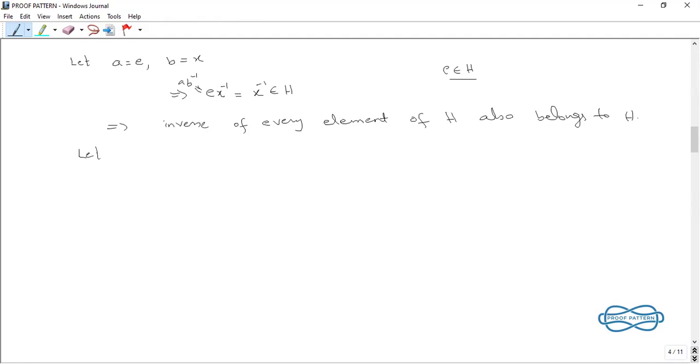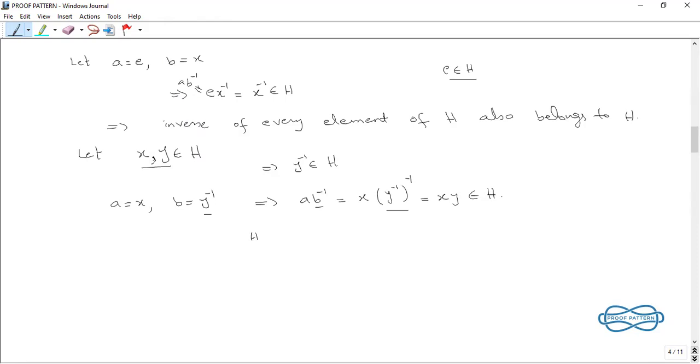Now the last thing which we have to show is that H is closed under the binary operation. So let X and Y belong to H. We have to show that the product of these two elements X and Y also belongs to H. Since the inverse of every element belongs to H, Y inverse also belongs to H. If we take A equal to X and B equal to Y inverse, then A B inverse is equal to X into Y inverse inverse, which is equal to XY, and this belongs to H according to the given axiom.